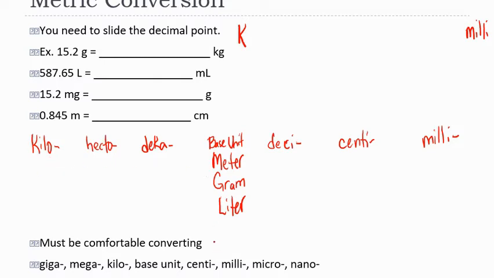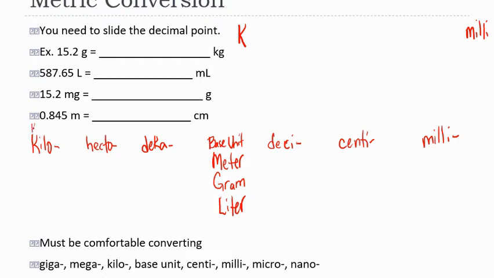How do we convert using this? And how do we remember these? There is an acrostic, a mnemonic device, that people use to memorize this.